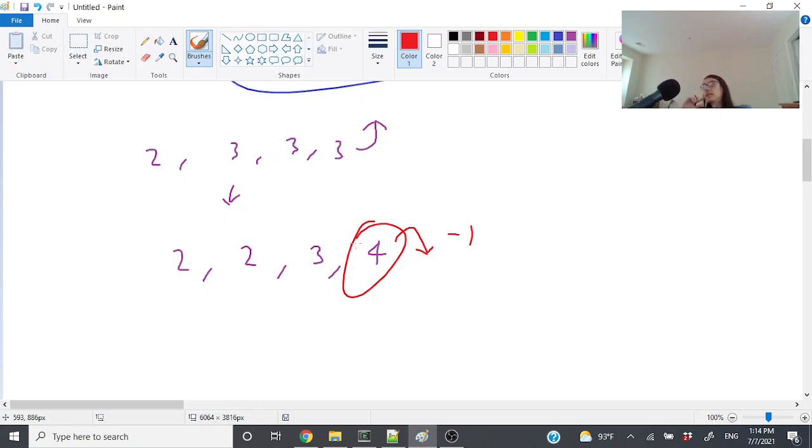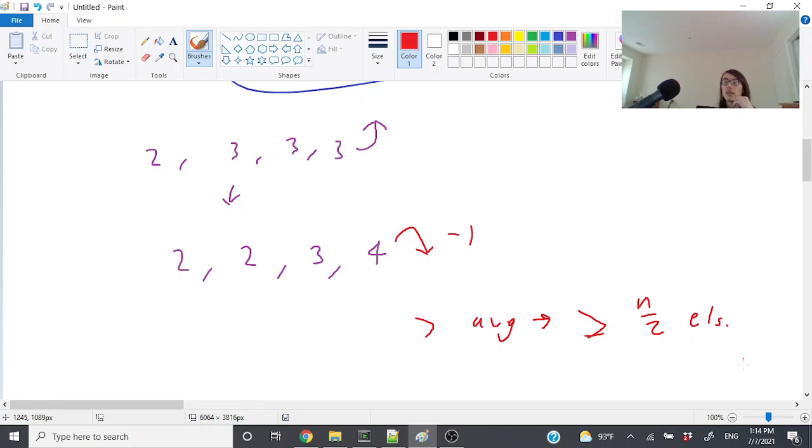Then it decreases the absolute value with everything, in particular more than half of the array, since if it's greater than the average, then it's greater than or equal to at least n over 2 elements. Which is something I'm not going to prove, but it should be intuitive, right? You can't have more than n over 2 things that are bigger than the average.